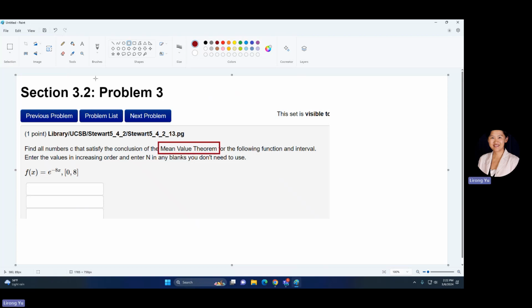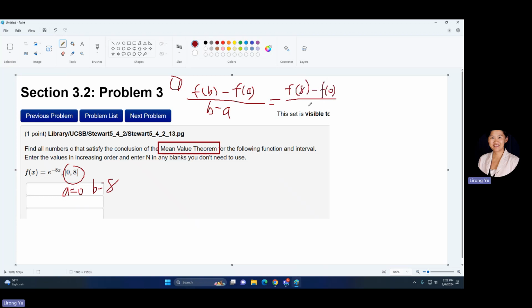So we would run the same process. We would calculate f of b minus f of a, that's step 1, divided by b minus a, which is this interval. This is a, so a is 0 and b is 8. So this calculation gives us f of 8 minus f of 0 divided by 8 minus 0.